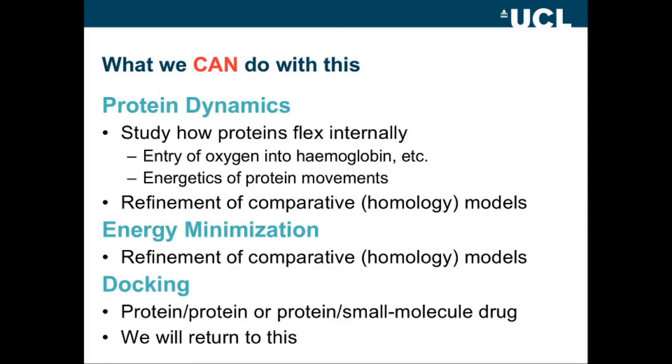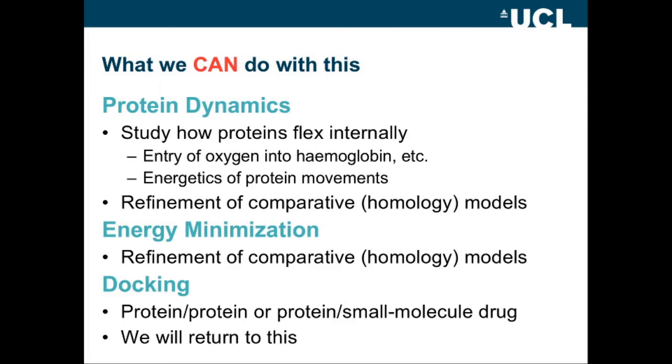We can also use dynamics to look at refining modelled structures that we produce from so-called comparative or homology modelling. This is where we take the structure of one protein and use it to build a model of a homologous protein.